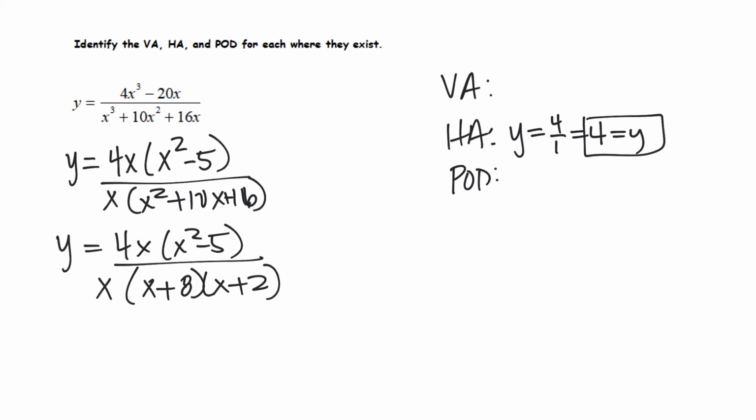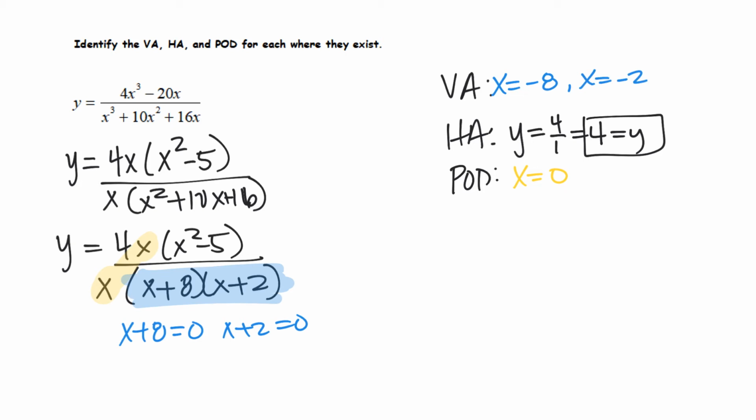So notice here, I have an x and an x. Those would cancel out, which makes my POD x equals 0. Then I have these two remaining factors, which would both be set equal to 0 to find my vertical asymptotes. So x plus 8 equals 0 and x plus 2 equals 0, which means I have vertical asymptotes at x is equal to negative 8 and x is equal to negative 2.